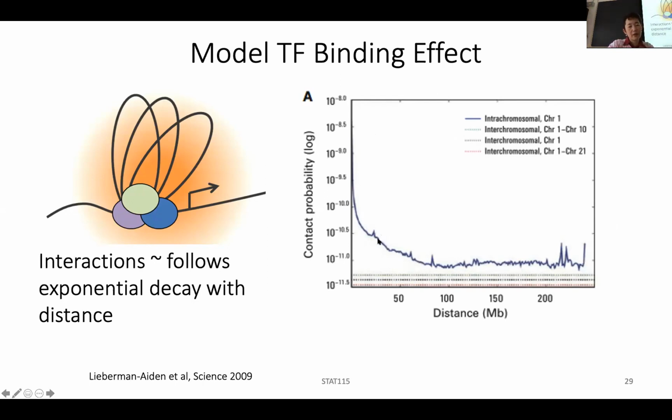But if something is really far away, they are less likely to even loop into the promoter or the transcription start site of the gene, so they are less likely to regulate. And so this type of chromatin looping is important. And the looping generally has this exponential decay characteristic.